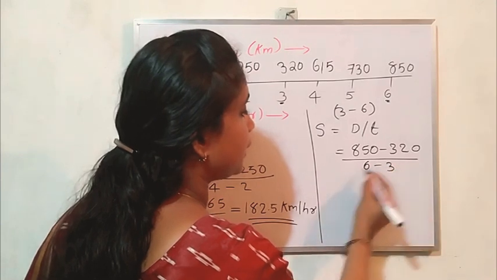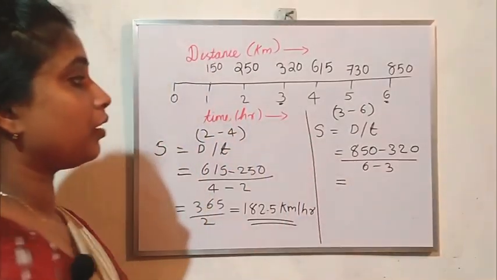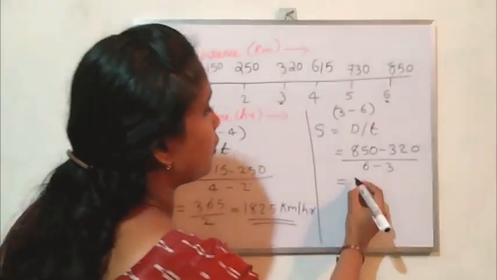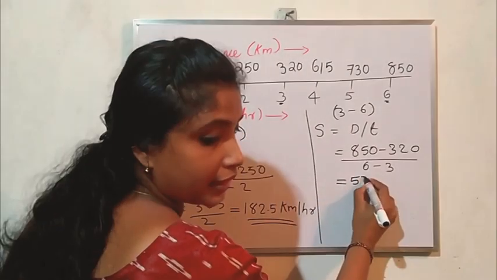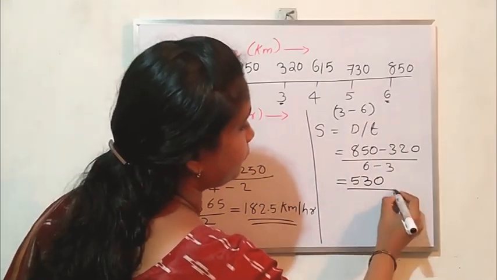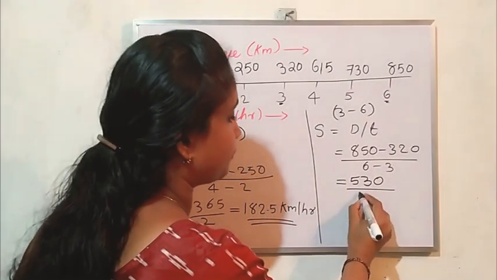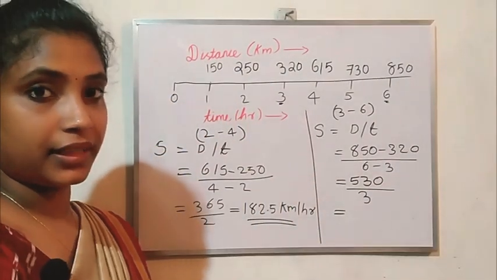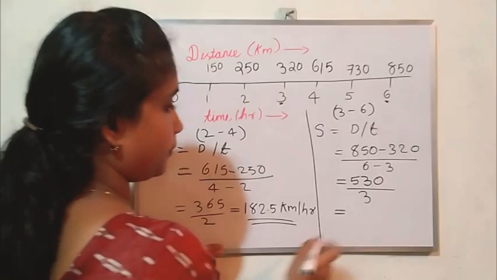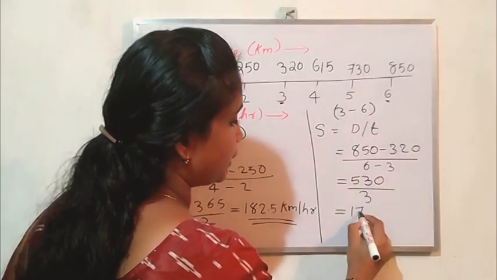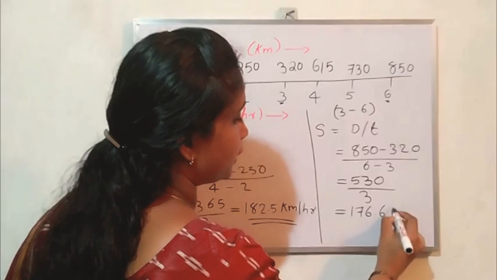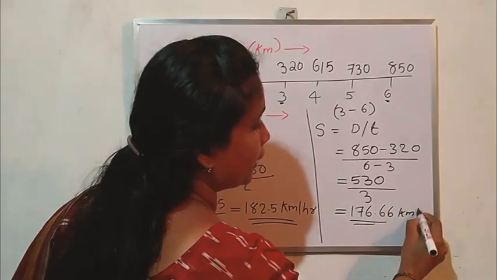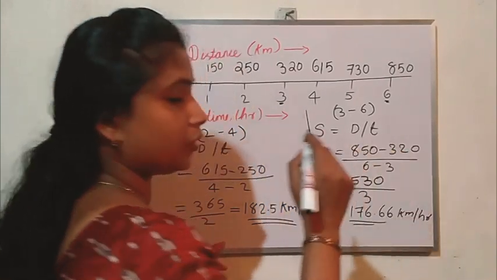It is 530 divided by 3. Calculate it. 530 divided by 3. It is 176.66 kilometer per hour.